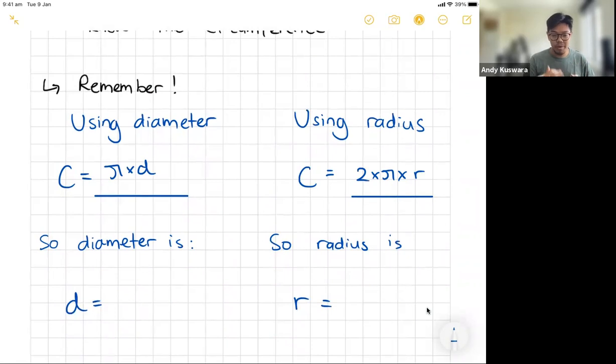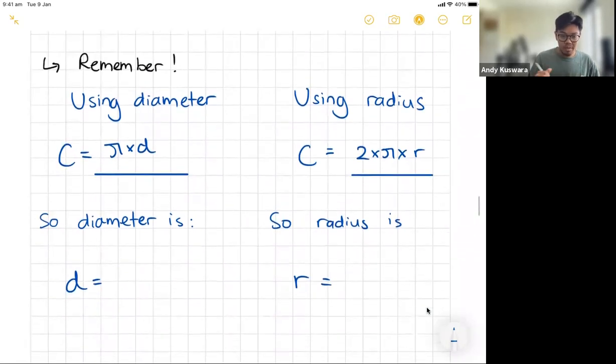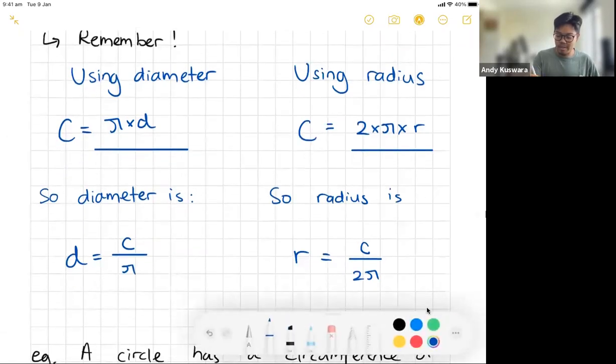Now, we're going to rearrange them a little bit. If I'm just looking for diameter, it's going to be my circumference divided by pi. And if it's radius, it's going to be my circumference divided by 2 pi. So see how they're quite similar? I'll get you to write these ones down.